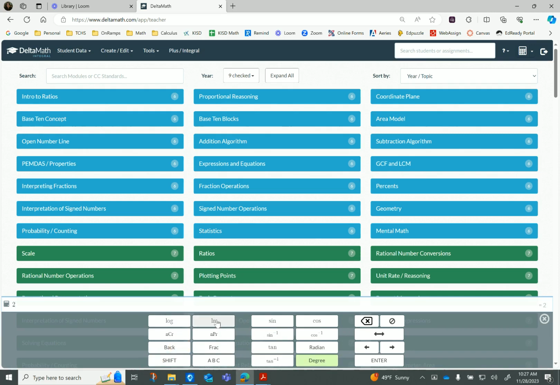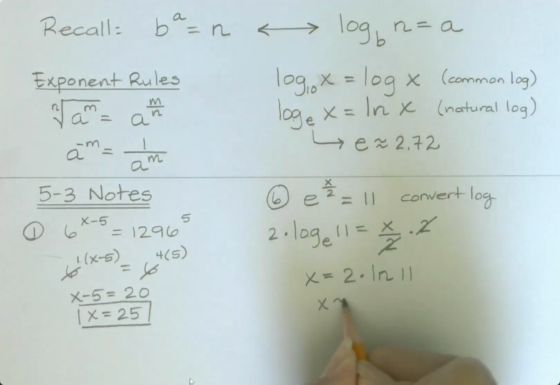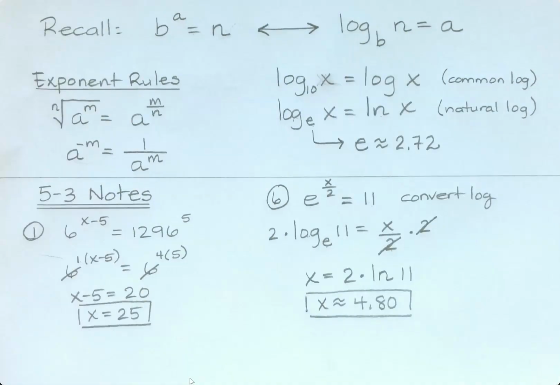Here's the log and the natural log button, ln, and then I go to my 11. And then right there on the far right, I get 4.79, but 2 decimal places, but 99 has to round up because of the 5. So 4.80 will be my answer that I would type in Delta Math, 4.80. Okay. So there's my first answer for number 6.